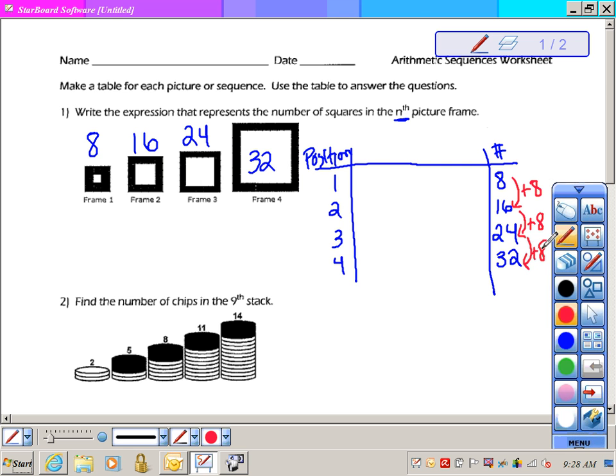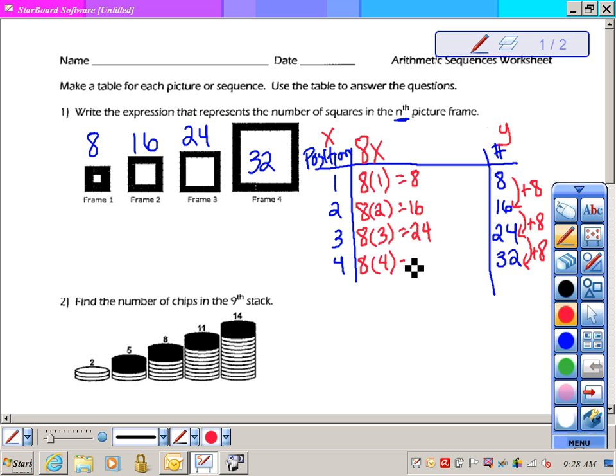Since it is a sequence, what we're going to do with this 8 is move it over here and say 8 times x, the position, because the position was x. So we're going to do 8 times position 1, 8 times position 2, 8 times position 3, and 8 times position 4. 8 times 1 is 8. 8 times 2, 16. 8 times 3, 24.